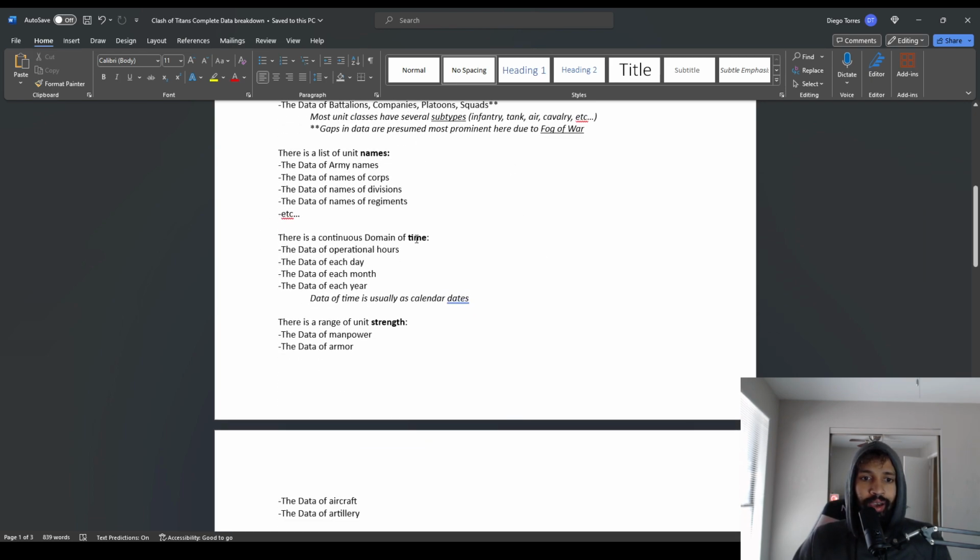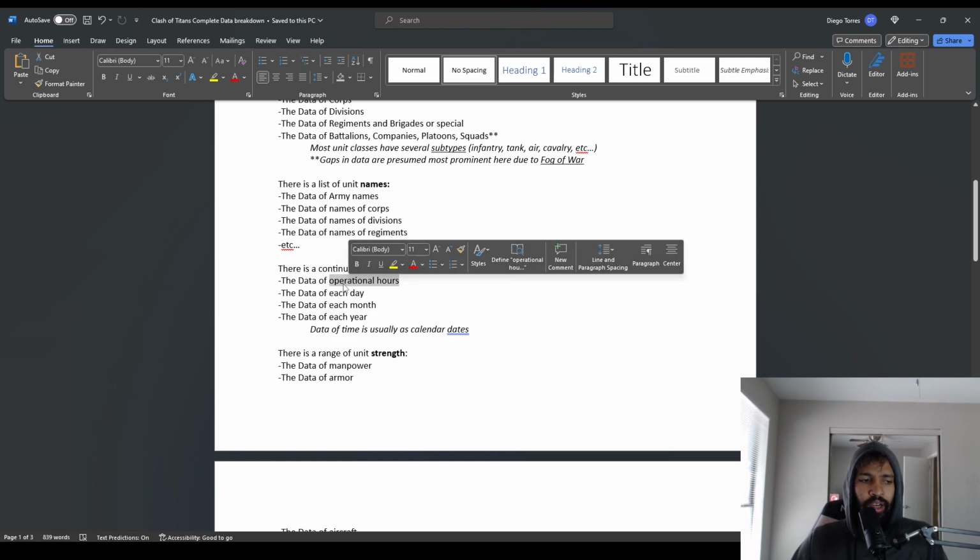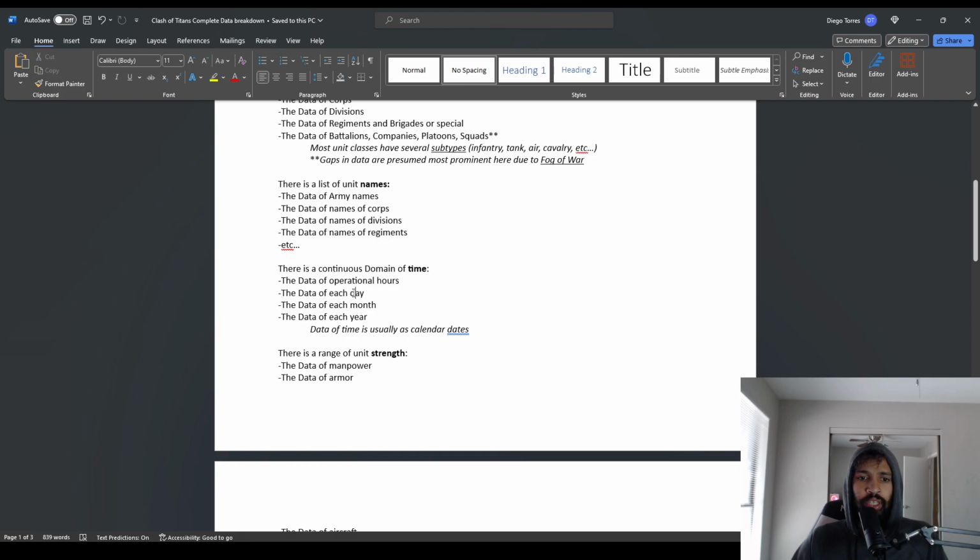And then we have the continuous domain of time. I'm going to try to model time in a continuous way. That's a mathematical concept there, basic calculus. I say basic, but it's actually still somewhat hard to understand, in my opinion. But anyways, it's one of those nuances of mathematics. It's important to keep in mind how the data is presented when it comes to time. Most of the time, at least what I saw from the David Glantz book, you have time being measured in hours.